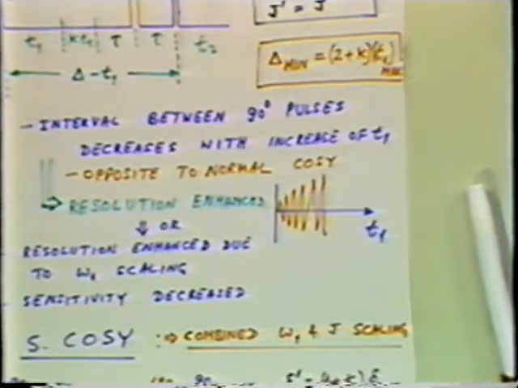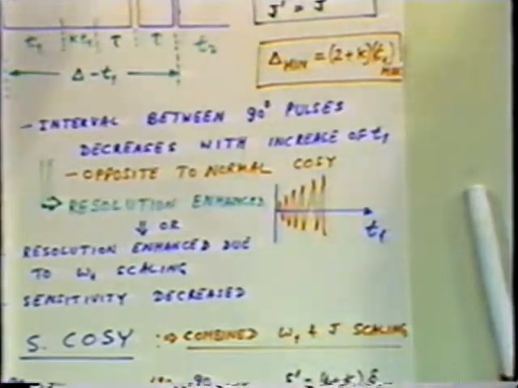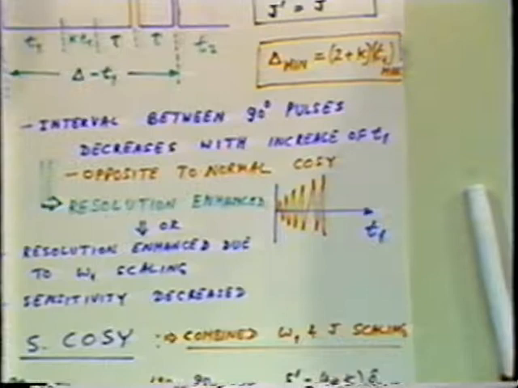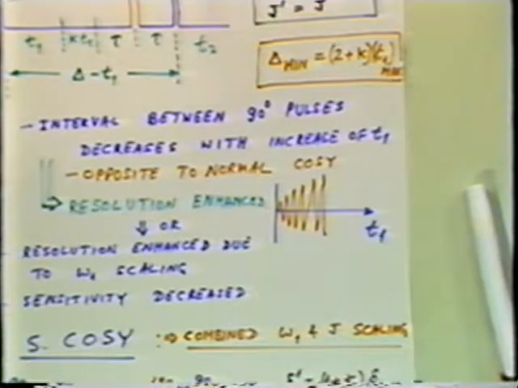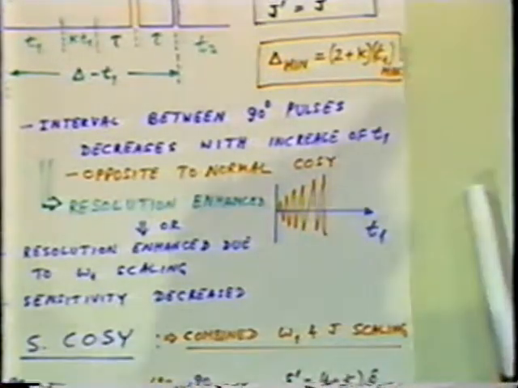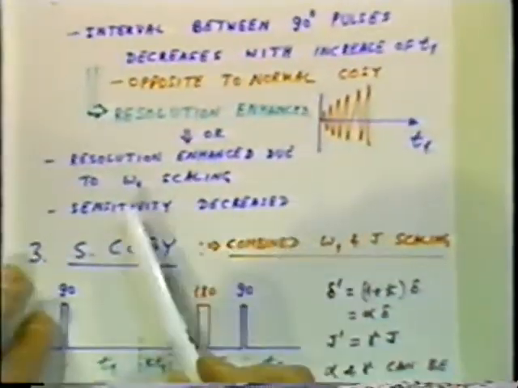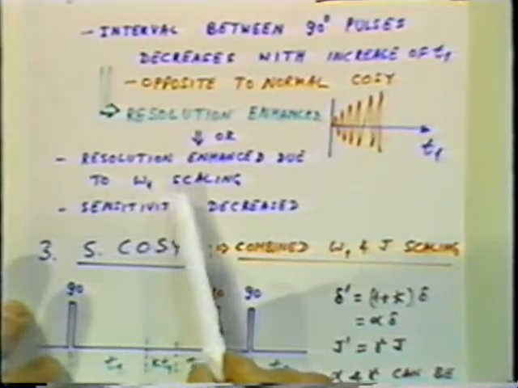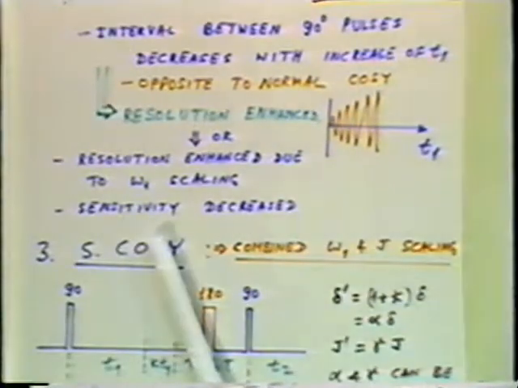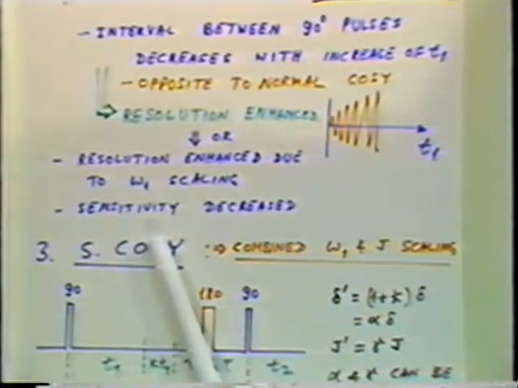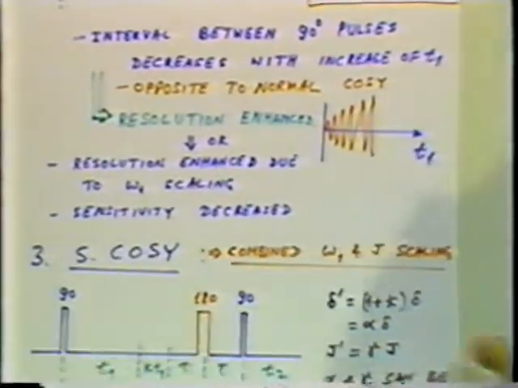And this is what we expect if we had multiplied the signal with an increasing exponential, which amounts to a resolution enhancement filter. So it has an enhanced resolution in that, and therefore omega-1 scaling enhances resolution. The sensitivity is decreased, because that also is decreased in the experiment in which we have this business of increasing exponential.